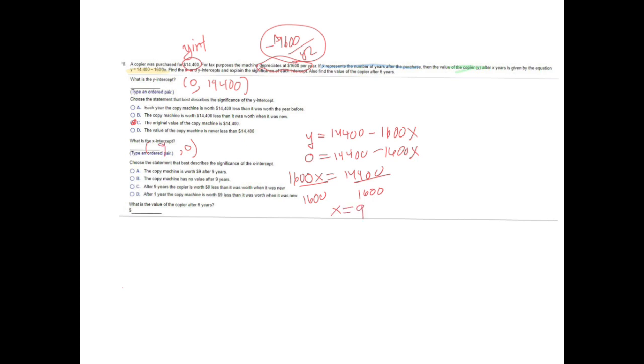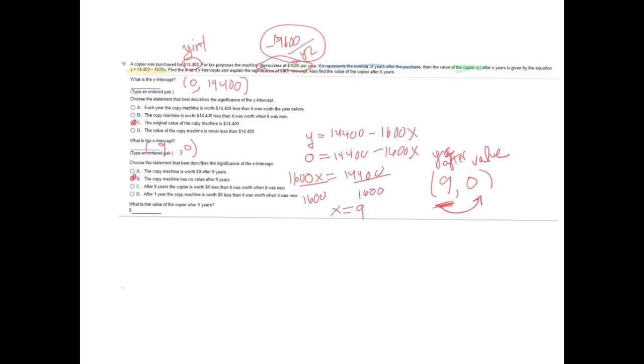Okay, if we think about this, 9, 0, our x value was the number of years after the purchase, and our y value is the value of the copier. And so it is going to take 9 years for the copier to have 0 value. And if we look at the choices, that would be choice B.